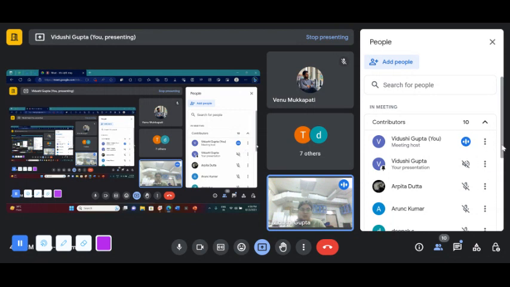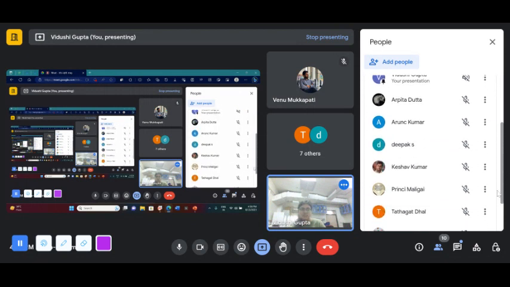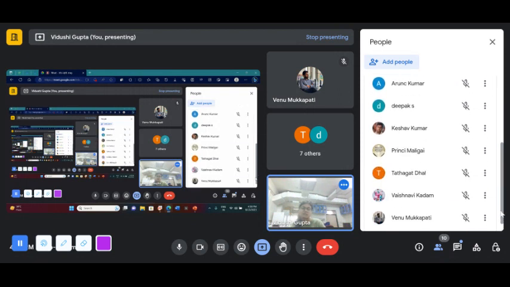Arpita, Arun, Deepak. What will be the value of B? Keshav, Princey, Thakur, Vaishnavi, and Venu. Is anyone solving it?